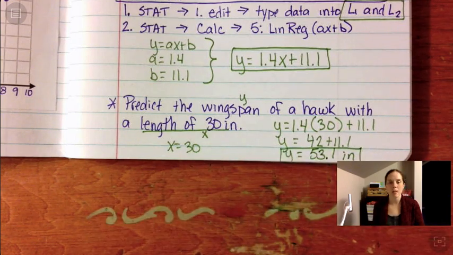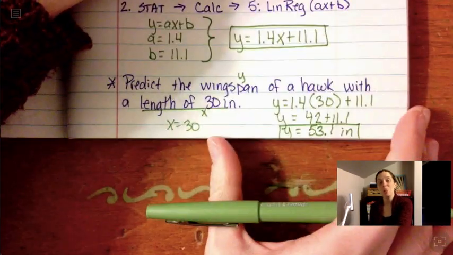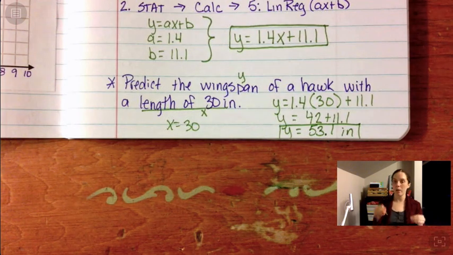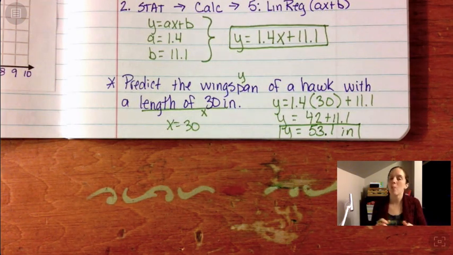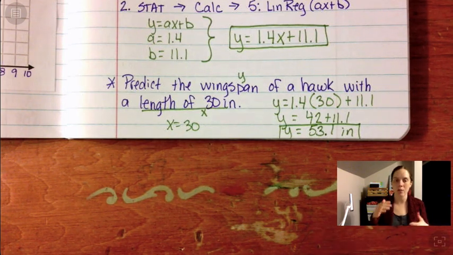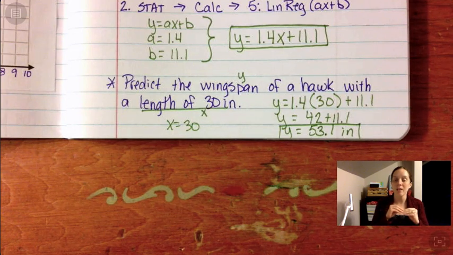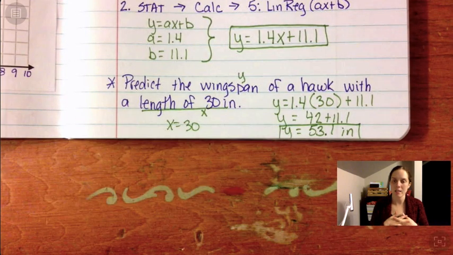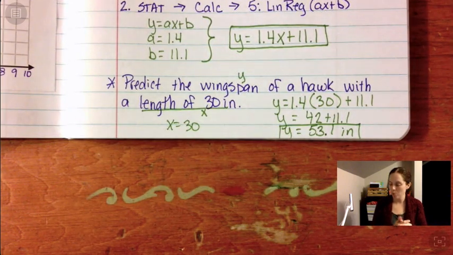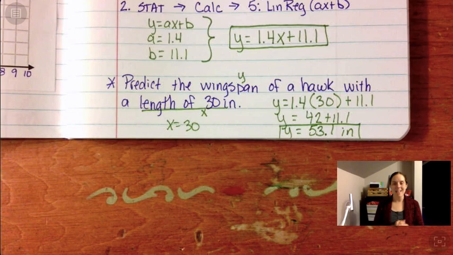Y is the wingspan. So we have used our equation to predict. It doesn't mean this will be the wingspan of that bird, but it's a good estimate based on all of our other information. So that's kind of the point of scatter plots. They relate things to each other. We can find the line that goes through them, and then we can use that line to help us predict other things, okay?